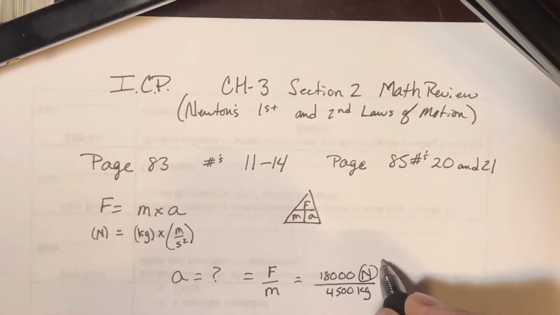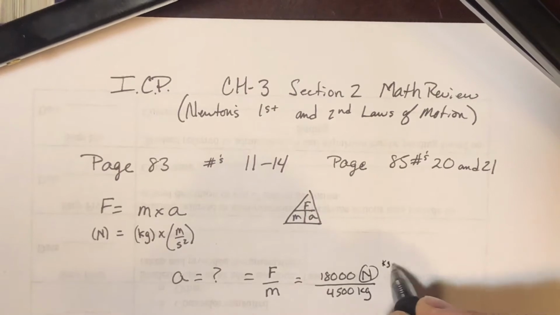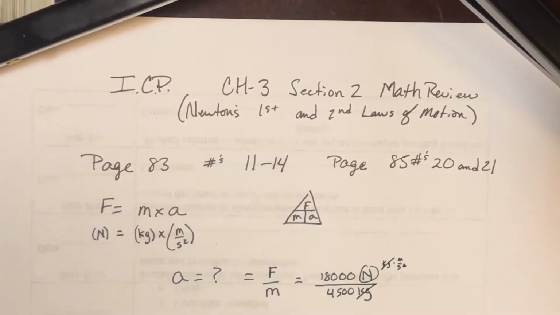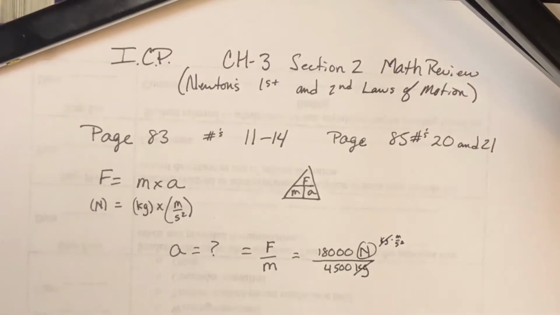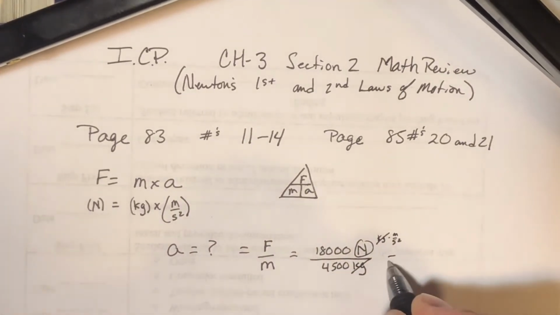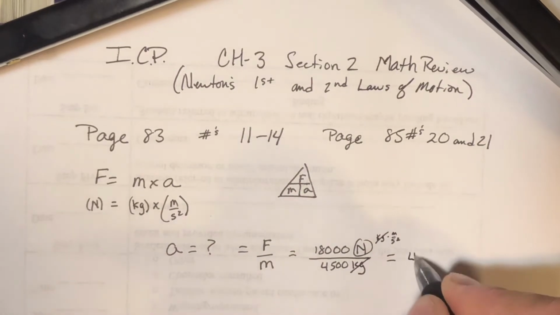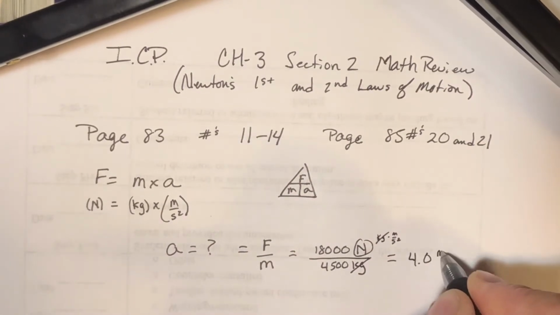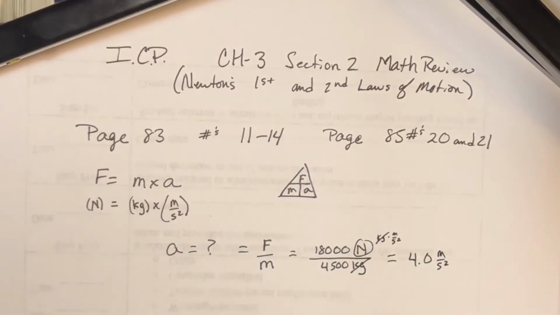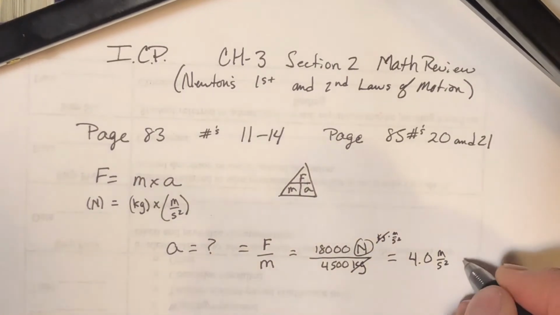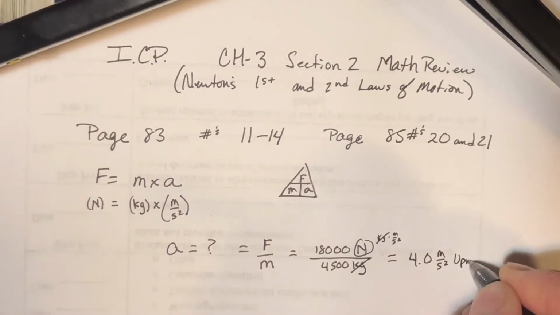A newton is equal to a kilogram meter per second squared. That allows the kilograms to cancel out. So whenever we take 18,000 divided by 4,500, the calculator says that this is going to be 4.0 meters per second squared. Because it gave us a direction, we're going to say that this is upward.